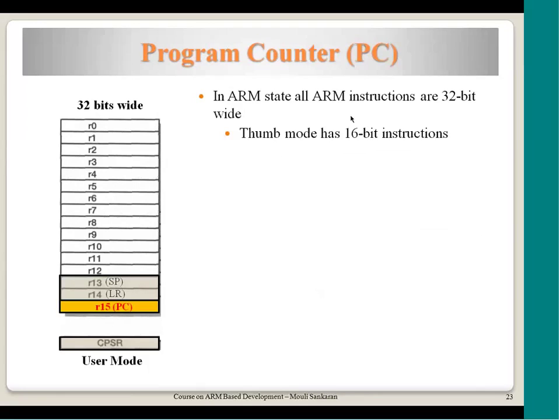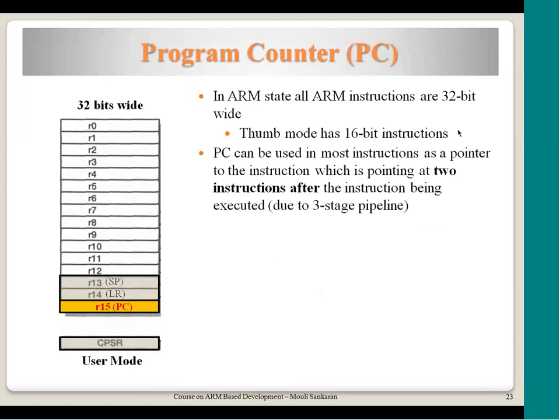In ARM state it will be accessing 32-bit instructions, so the PC will be pointing at a set of 4 bytes, whereas in Thumb mode it is 16 bits. When I say it is pointing at a set of 4 bytes, it is always accessing the instructions as 32 bits. As I mentioned in the previous discussion about memory interfaces, the instruction is read in always as 4-byte data.